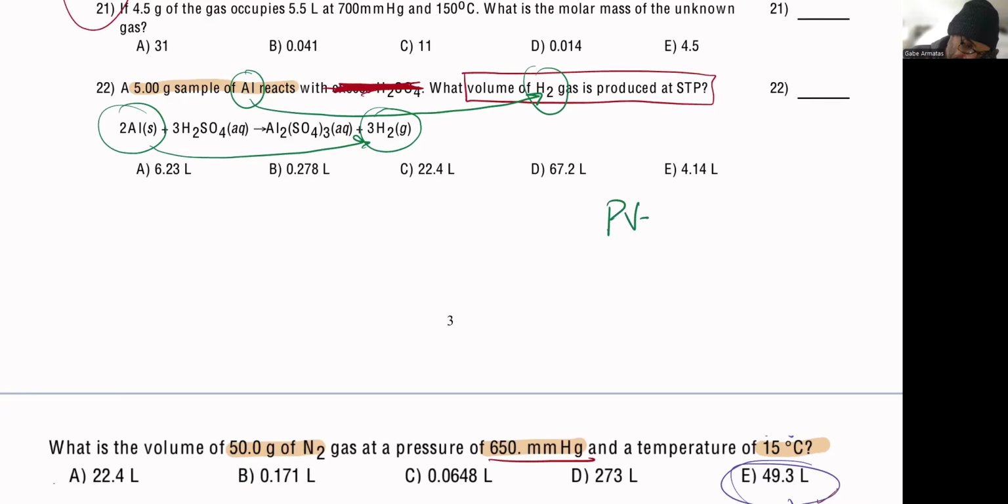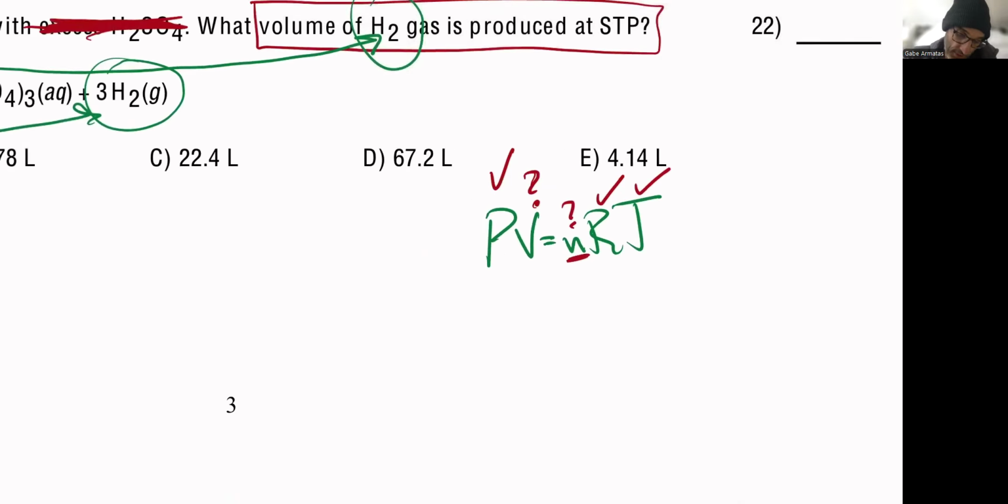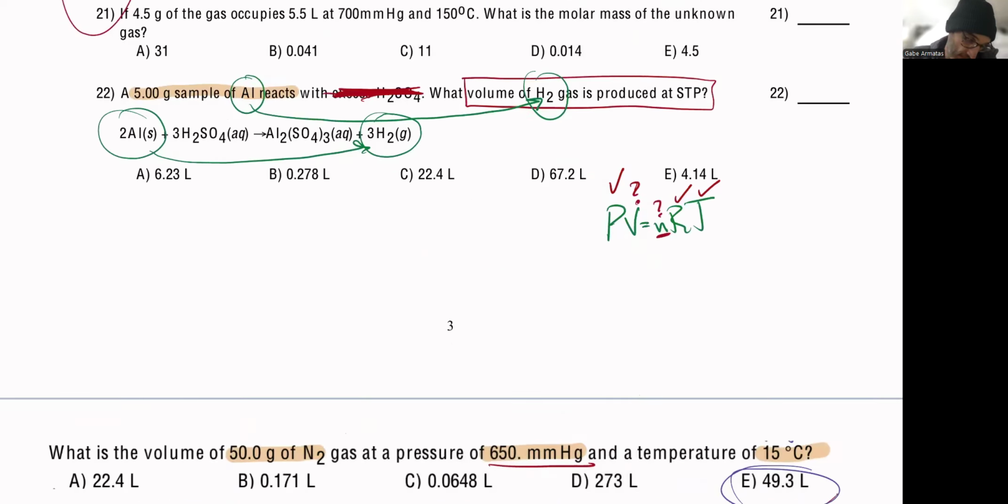So PV equals nRT. We are looking for volume. I know the pressure, standard temperature pressure. I know the temperature, standard temperature pressure. I know R. And do I know moles? So I need volume. Finally, this is really what I'm looking for. I need to solve for moles through stoichiometry, and then I can plug that in and go.